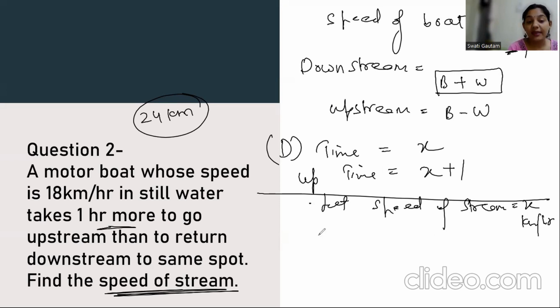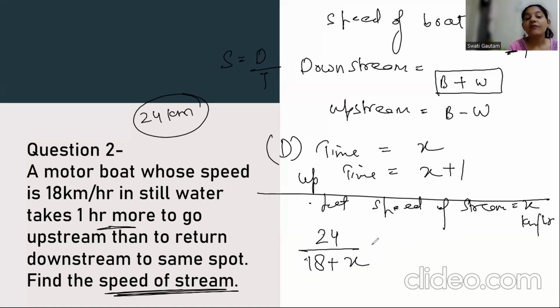We know that speed is equal to distance upon time, so time is distance upon speed. For the downstream, the speed is b plus w, meaning 18 plus x. So this is the downstream.